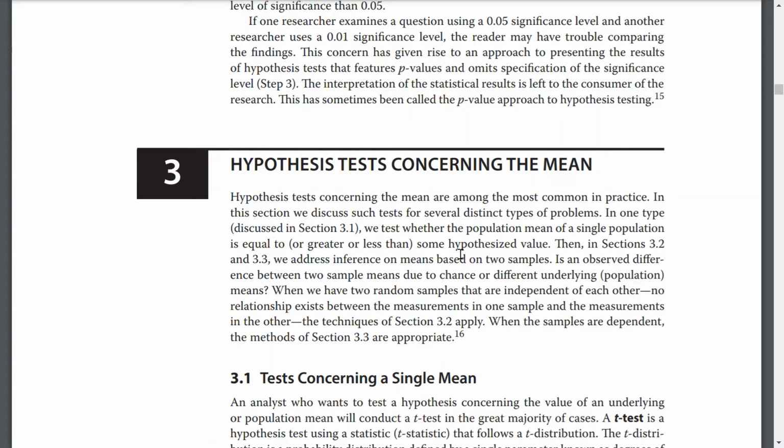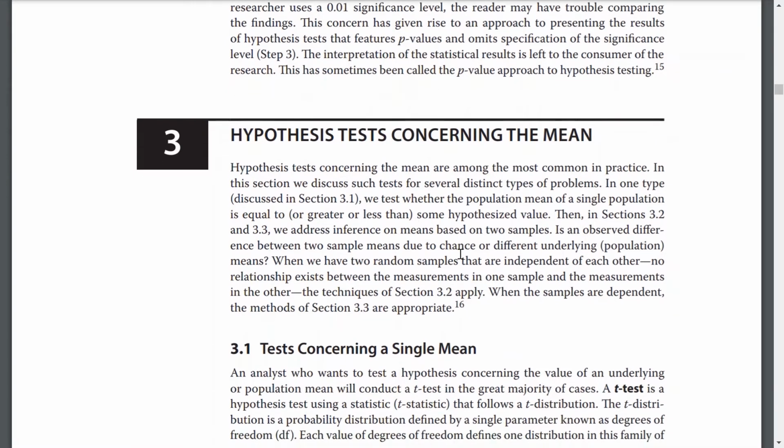In the first type, discussed in section 3.1, we test whether the population mean of a single population is equal to, greater than, or less than some hypothesized value. Then in sections 3.2 and 3.3, we address inference on means based on two samples. Is an observed difference between two sample means due to chance or to differences in the underlying population means?